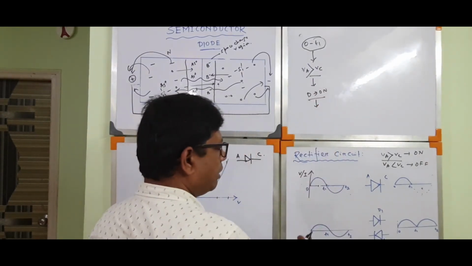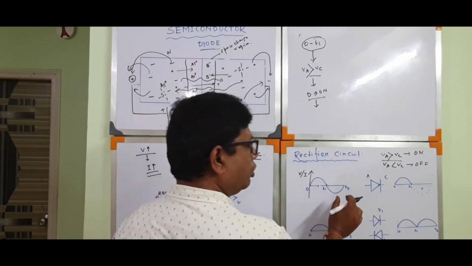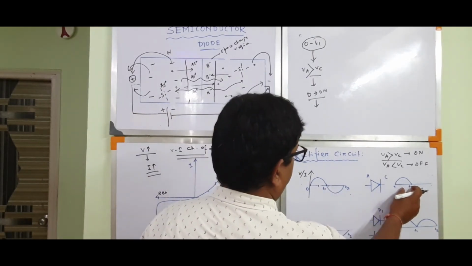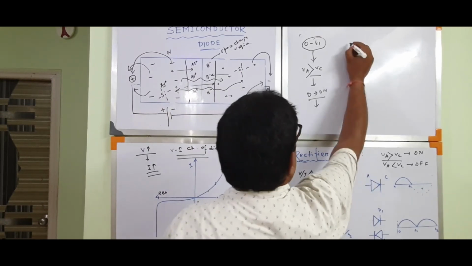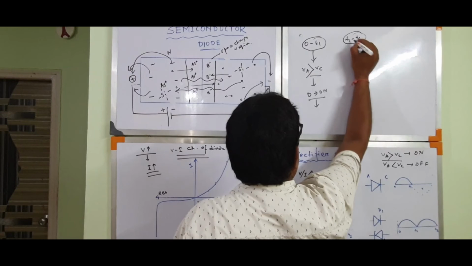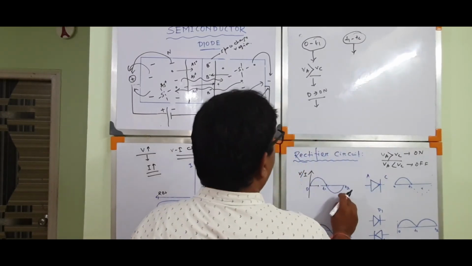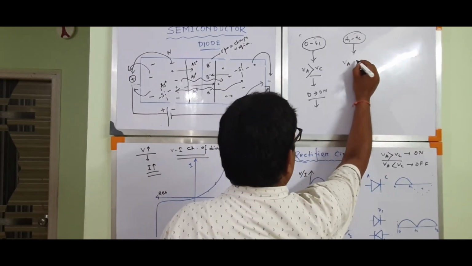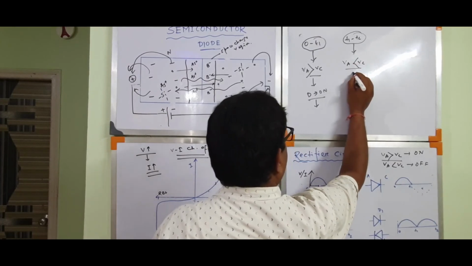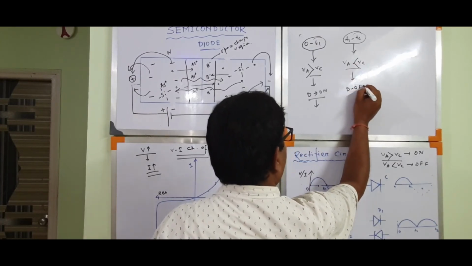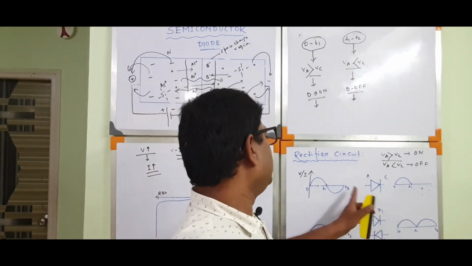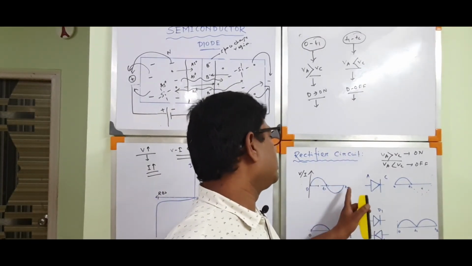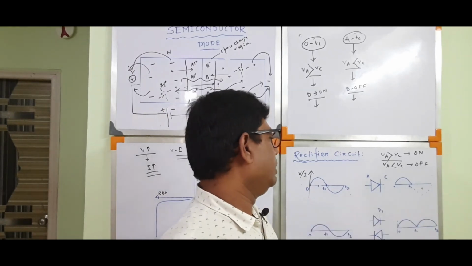Diode on means the input signal is transmitted to the output side. But in time T1 to T2, the anode voltage is less than the cathode voltage. That means the diode is off, so it behaves like an insulator, and the signal does not pass to the output side.